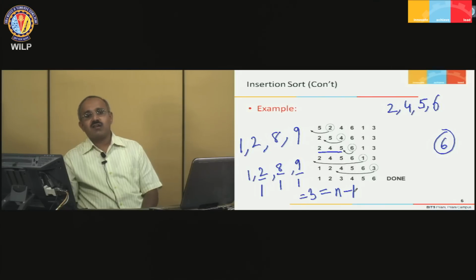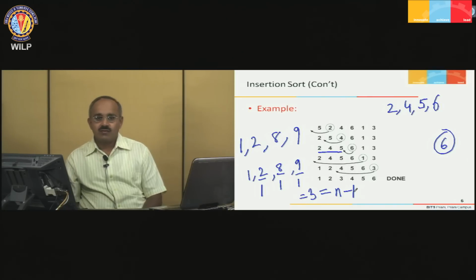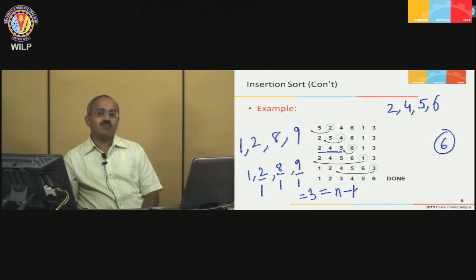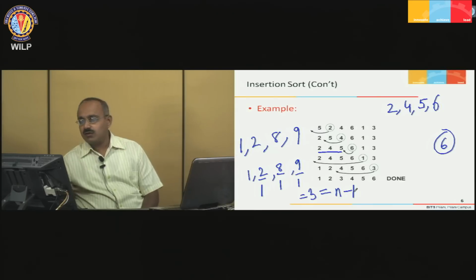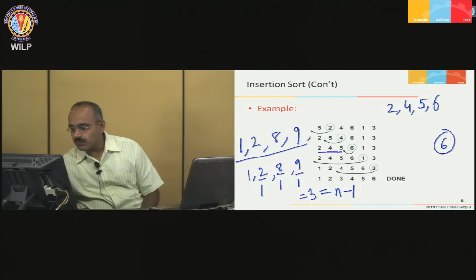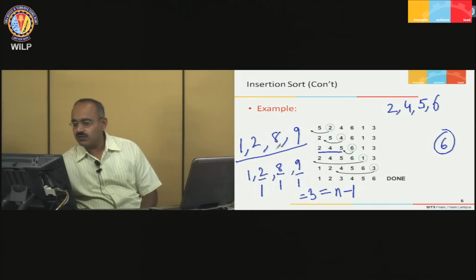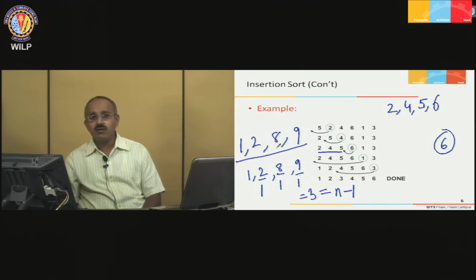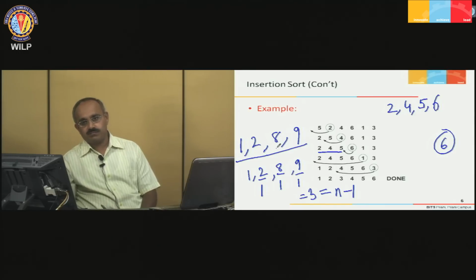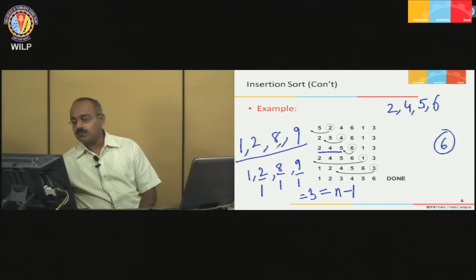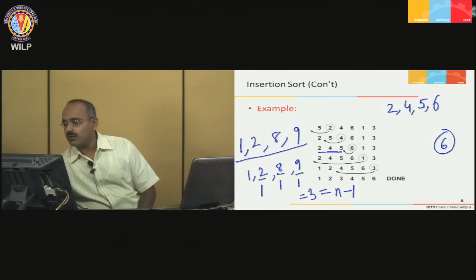So in the best case, if there are n elements, you need to do n minus 1 comparisons, and your best case instance is a sequence which is already in increasing order. This is a sequence which is already sorted and you are trying to sort it. So, this is the best case analysis of your algorithm.